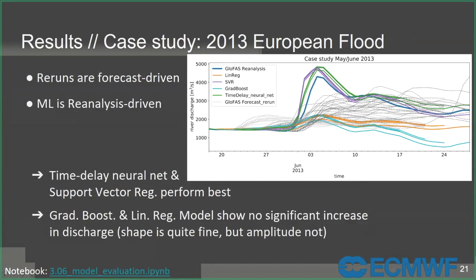And what you see, the gray lines here are the GloFAS forecast reruns, which started at 4 different initial times before the flooding event happens, and no ensemble member really captured the value of the GloFAS reanalysis.